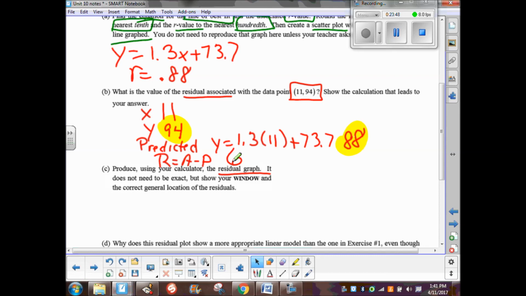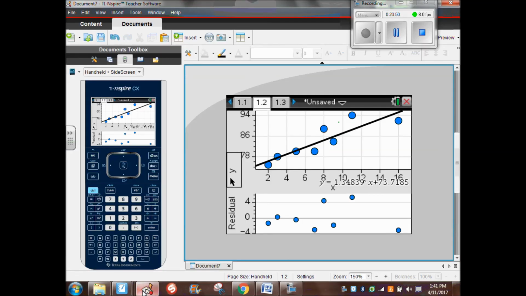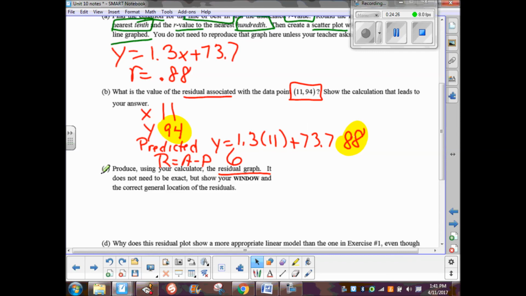Is that correct? Let's see. Because I think we can hover over. There's 11, 5.45. Pretty close to 11.6, right? That's the one that we just calculated by hand. So do you see if you hover over them, get the little hand to show up, it will give you your data points. It will give you your residual points. So there's our one that we just calculated.